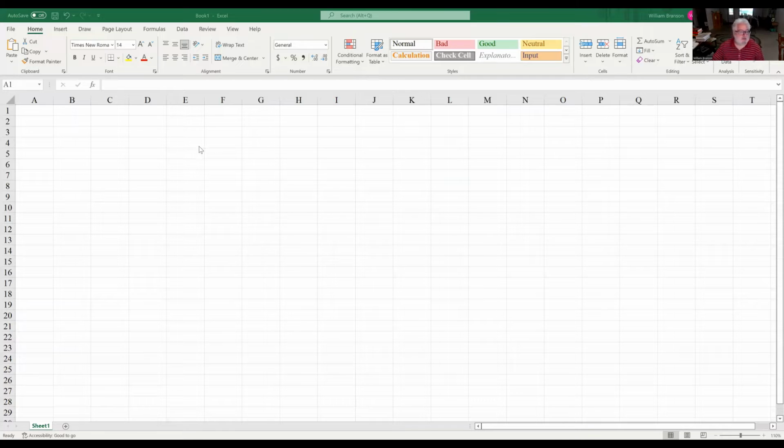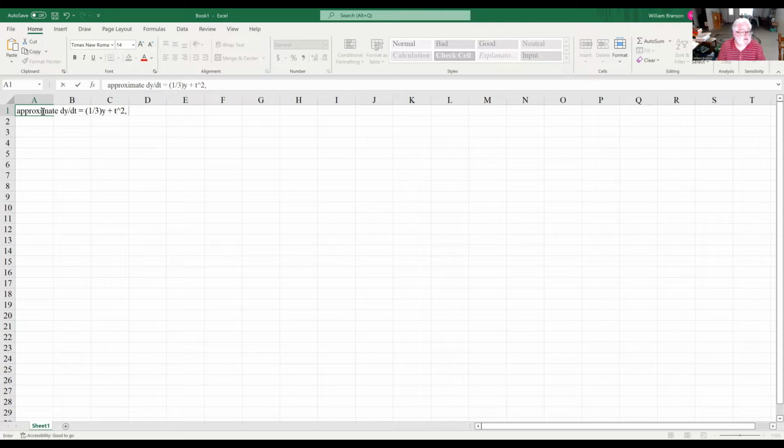Okay, so here we are with Excel. We want to approximate our solution to our differential equation, right? So we'll just put this up here at the top. What are we trying to do? We want to approximate the solution to dy/dt equals 1/3 y plus t squared, with the initial condition y of 0 equals minus 3.